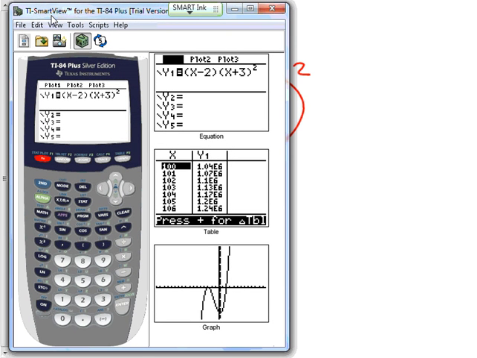All right, x minus 2 and the x plus 3 quantity squared. All right, so now if I graph this thing, hit graph, if yours doesn't look like that, it's because your zoom is different than mine. But I zoomed out a little bit to be able to see the high spot and low spot.